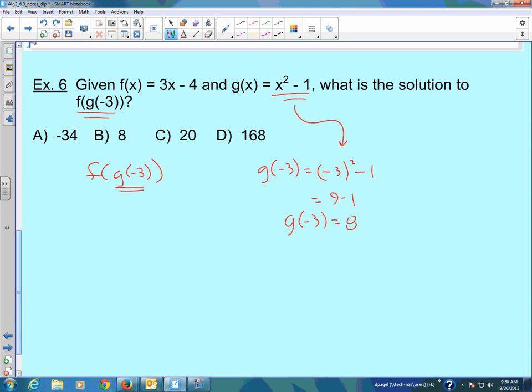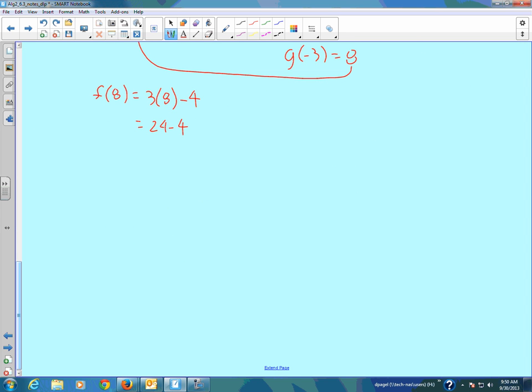Now what we can do is take that 8 and replace it in the f of g of negative 3 and get f of 8. Now plug that into our 3x minus 4 equation, where I replace the x this time with an 8. 24 minus 4, and we discover that f of 8 is equal to 20, so f of g of negative 3 is equal to 20.